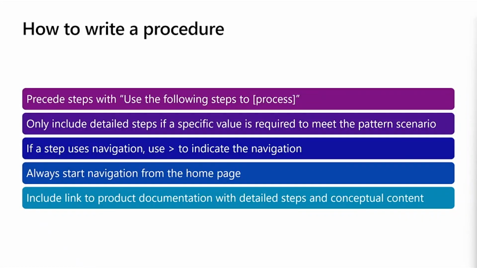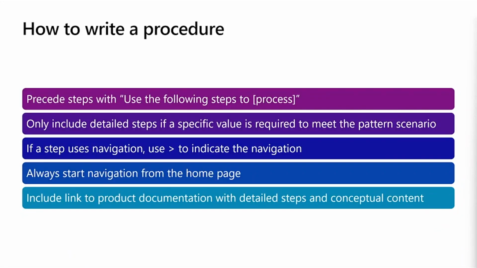We ask that you only include a detailed step, and when we say detailed step, we mean exactly click here, click here, click here, if a specific value is required in order to meet the scenario of that particular pattern. Otherwise, we want your steps to be written in a generic way, like create a sales order, with a hyperlink to the product documentation that explains the step-by-steps of how to create a sales order.